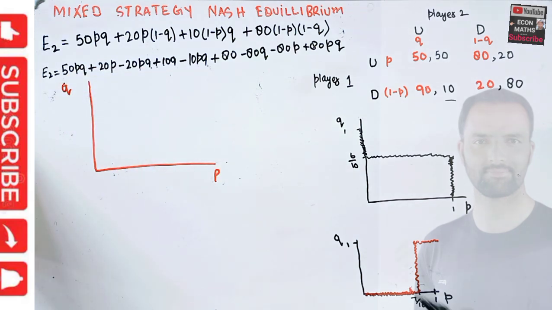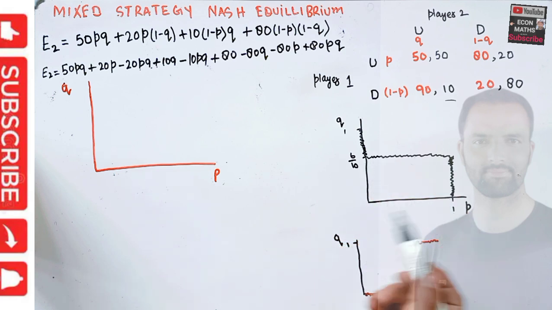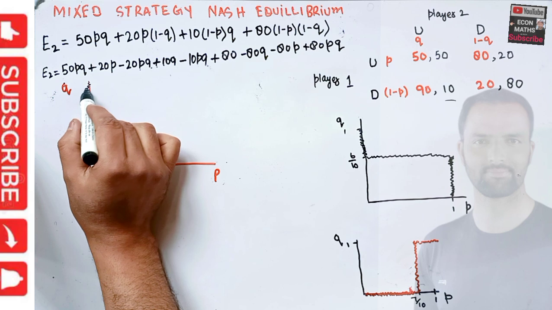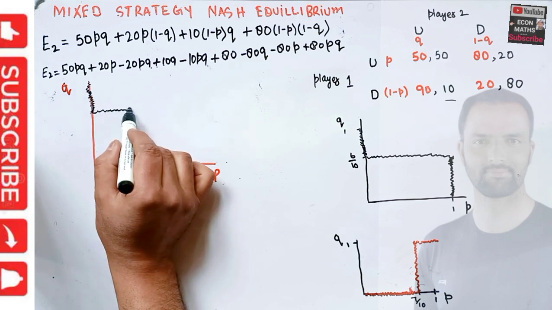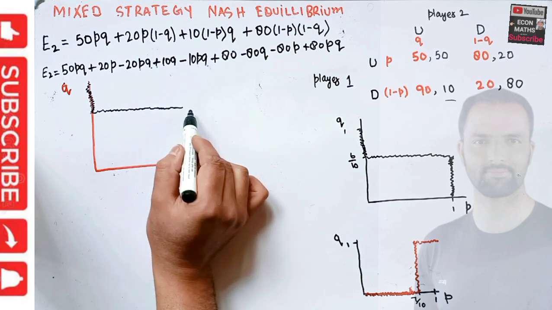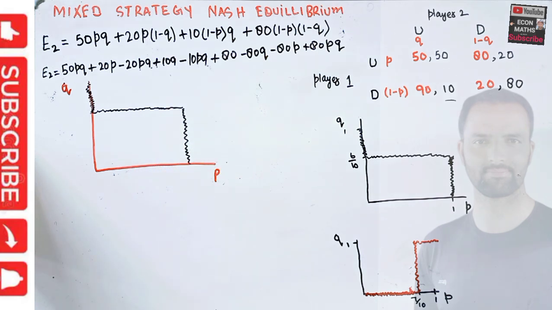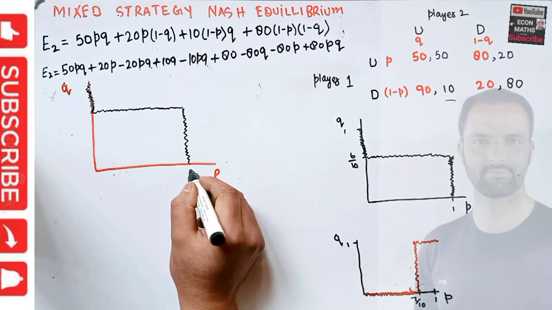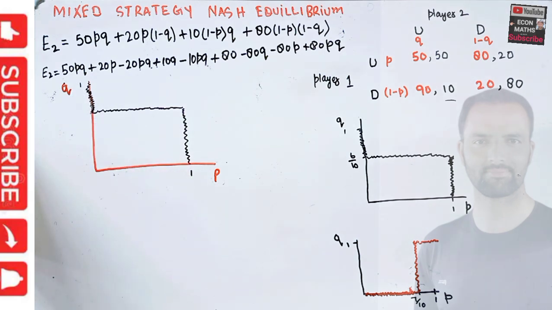This black will denote the best response correspondence for player 1, and it will come out to be like this. Let us say this is for the player 1 best response correspondence. Here we have 1, here we have 1. And for player 2 we have this very thing.